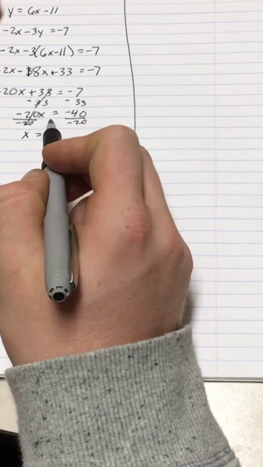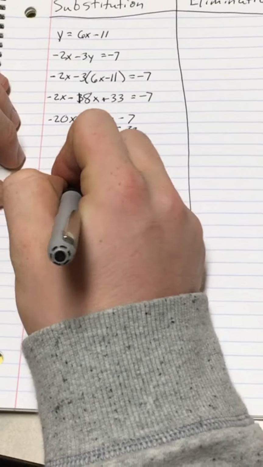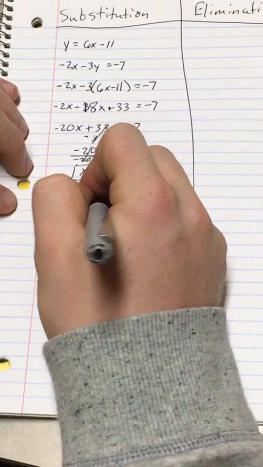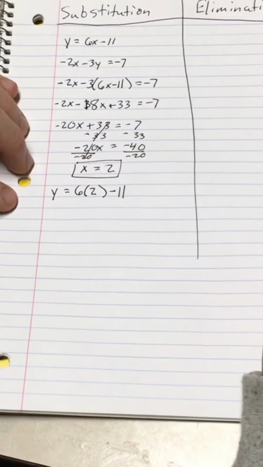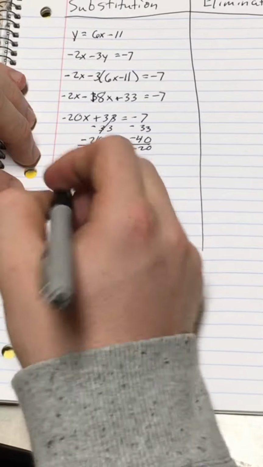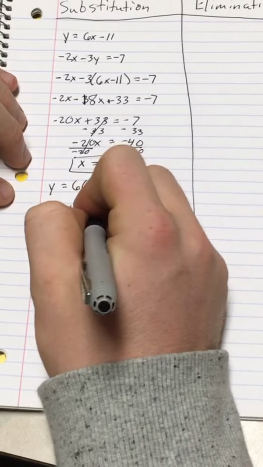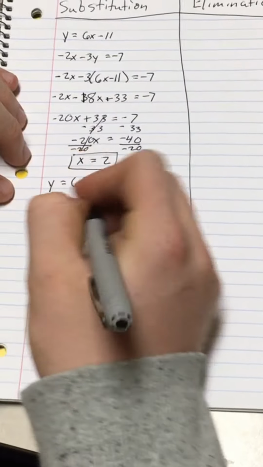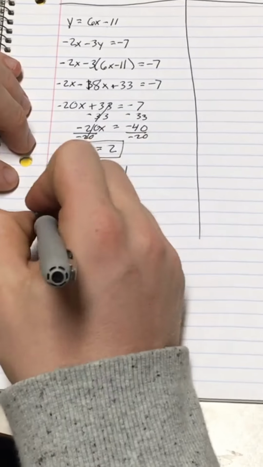So from there, to solve for y, all we have to do is plug in what we got for x into this first equation. So again, y equals 6, and then we substitute in this x, which is equal to 2, minus 11. And from there, we can simply multiply the 6 times 2, which is 12, and then we're left with 11, and then 12 minus 11 is equal to 1.